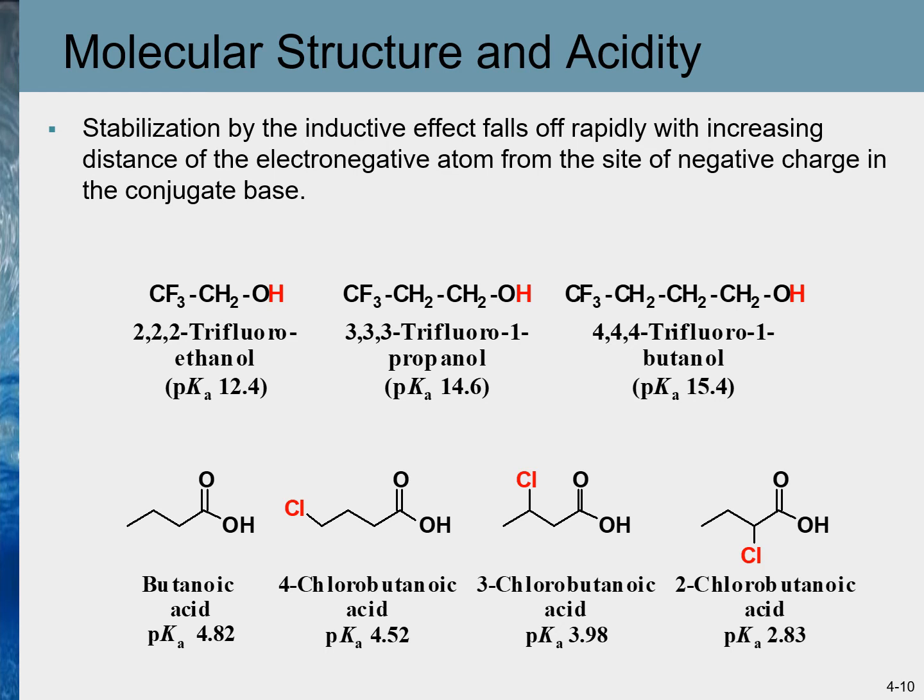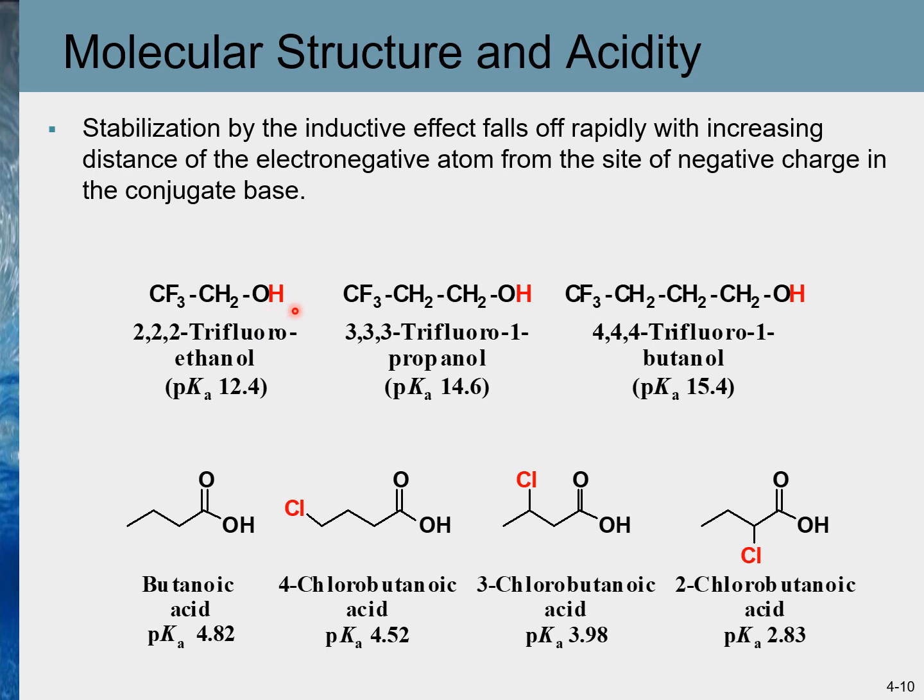The stabilization by the inductive effect falls off rapidly with increasing distance of the electronegative atom from the site of negative charge in the conjugate base. So we have examples of three different alcohol molecules. In all of these molecules, we have fluorine atoms present nearby the negative charge.